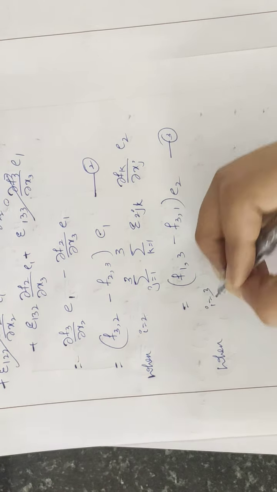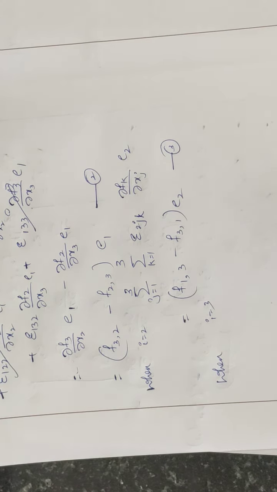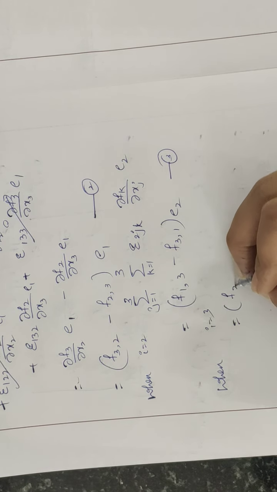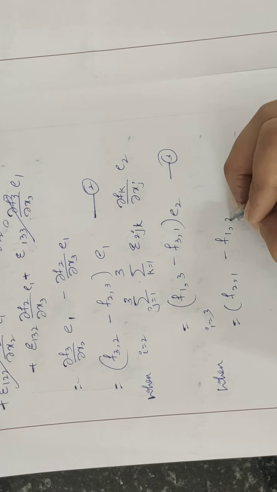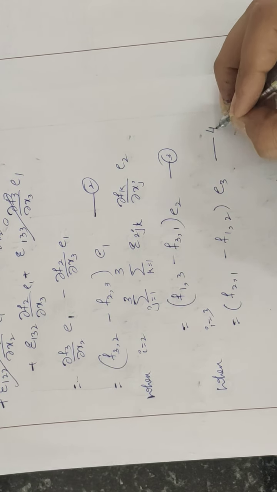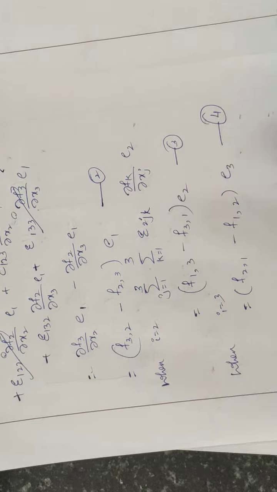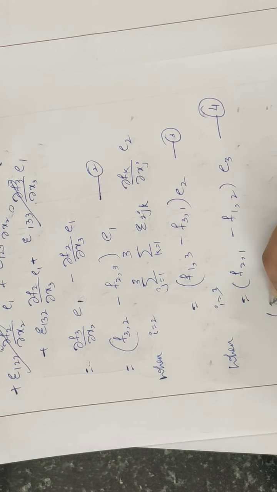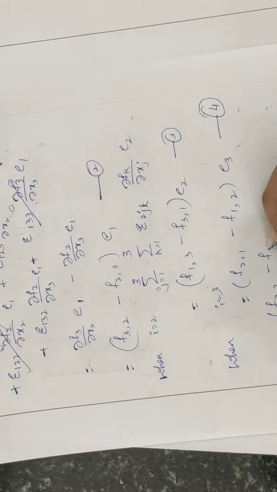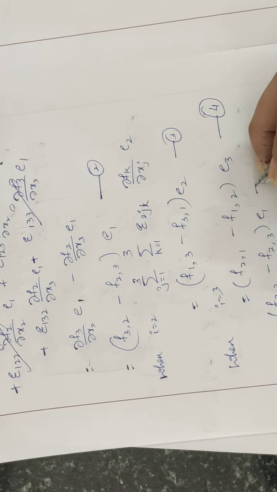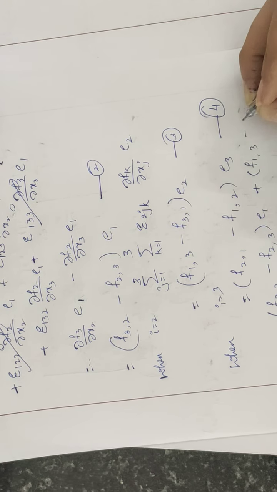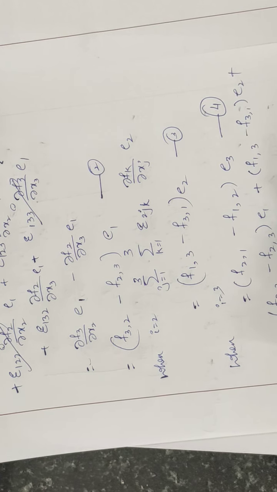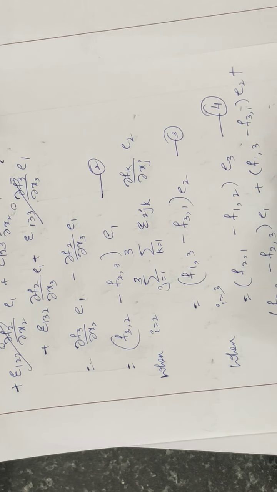When i is equal to 3, you will get the final solution as f2,1 minus f1,2 into E3. I will call this equation number 4. Now these all are from the RHS, right? So RHS is equal to (f3,2 minus f2,3) into E1 plus (f1,3 minus f3,1) into E2 plus (f2,1 minus f1,2) into E3.